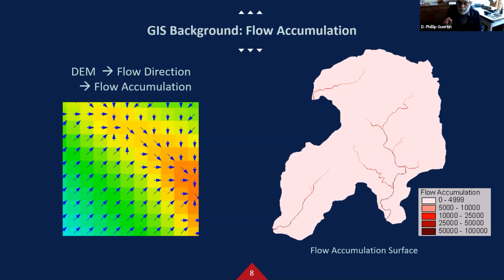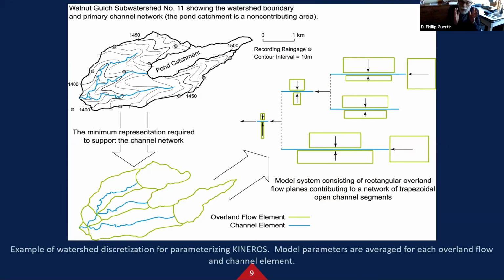Next slide. Now we have some of the information that we need to start breaking the watershed up into our modeling elements. This example is looking at what we would do for KINEROS. I have a given watershed, and I use the information I just collected to break that watershed up into channels. We do that by taking the flow accumulation and reclassifying it.